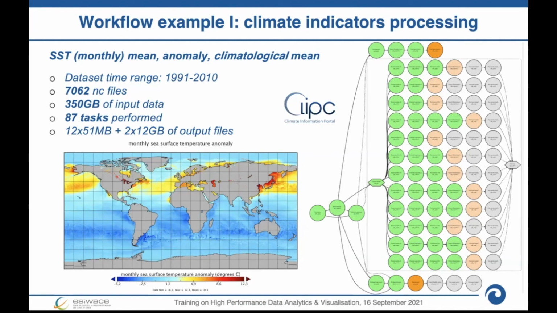This was applied on a large dataset from ESA SST, the Sea Surface Temperature Climate Change Initiative, consisting of more than 7,000 files, about 340 gigabytes, with a very high global spatial resolution. The workflow consisted of about 87 tasks and produced different outputs.